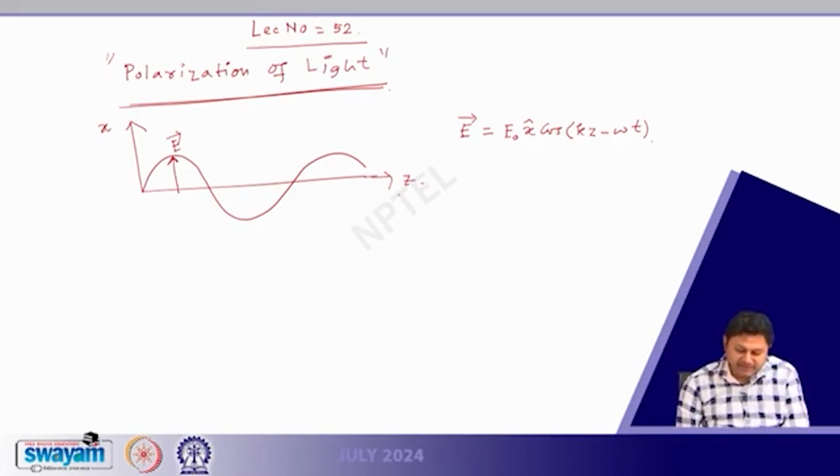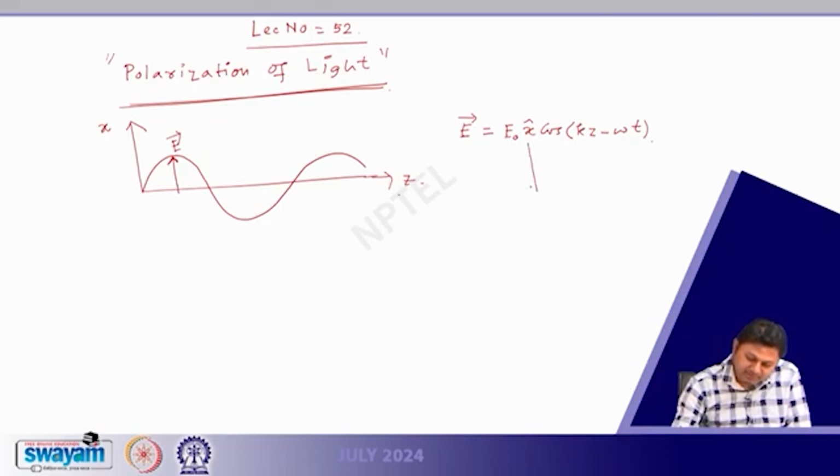When we represent that, then this is the direction of the polarization of the electric field.